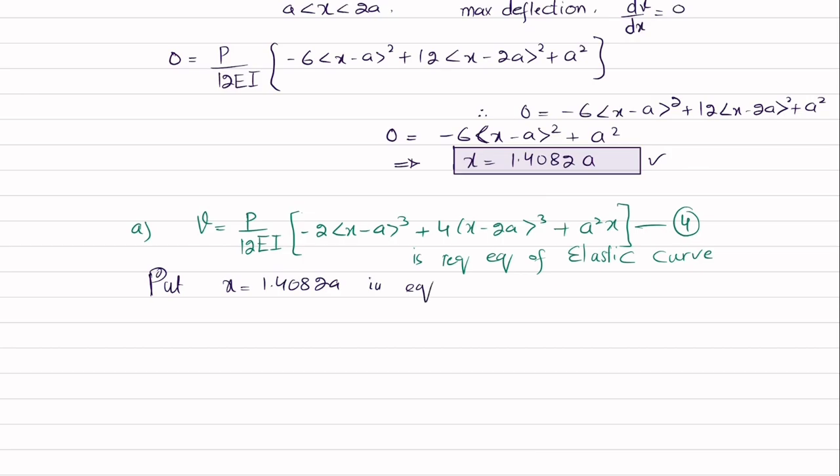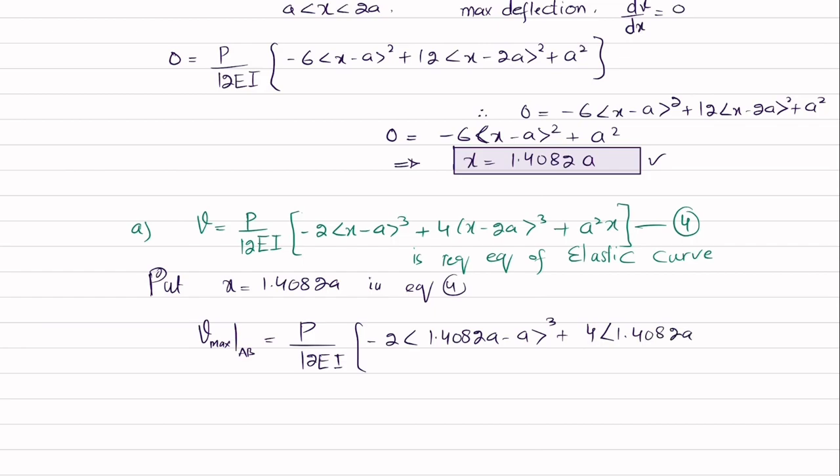So this deflection v will be maximum, and that maximum deflection in region AB will be equal to P over 12 EI into minus 2 times (1.4082a minus a) whole cubed plus 4 times (1.4082a minus 2a) whole cubed plus a squared into 1.4082a.